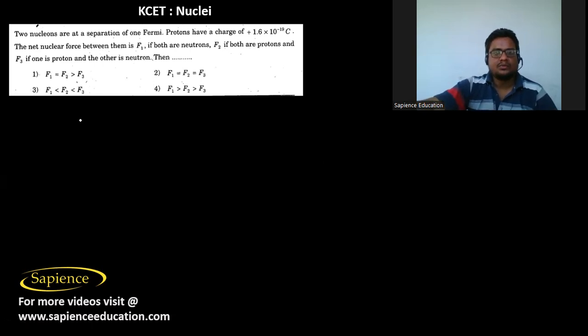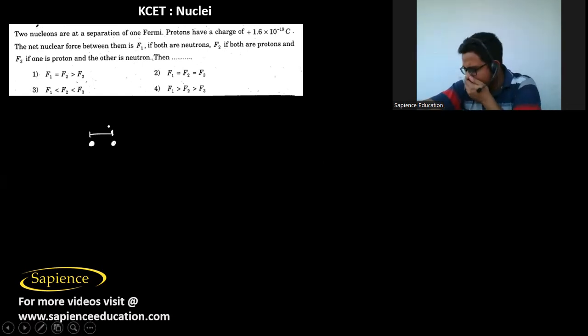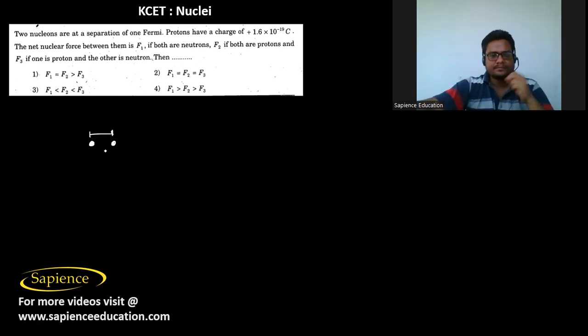And here it is told 2 nucleons are at a separation of 1 Fermi, which means 10 power minus 15 meter. The protons have a charge of 1.6 into 10 power minus 19 coulomb.